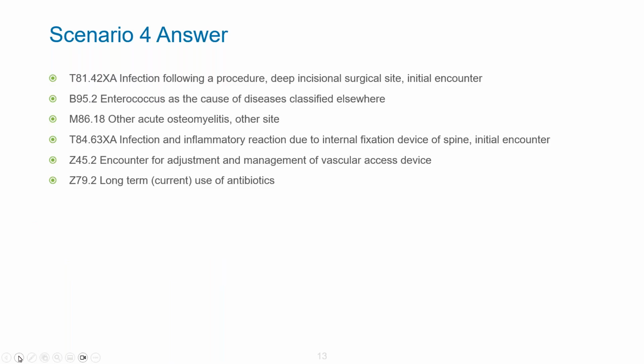Other acute osteomyelitis, other site, M86.18. And it was due to, remember, the infection due to that spine surgery, that internal fixation or devices that they put in there. So T84.63XA. And then I'm going to use my Z45.2 and my Z79.2 to get my venous access device and my antibiotics.